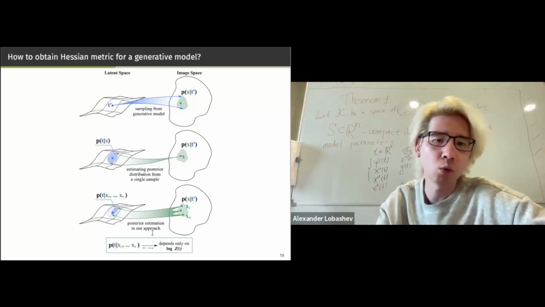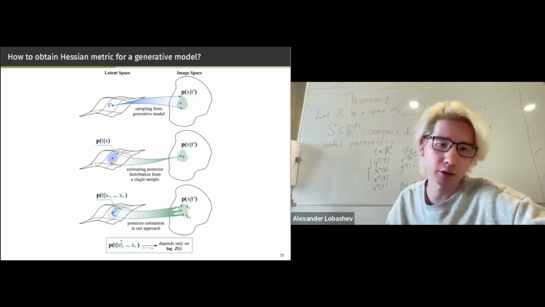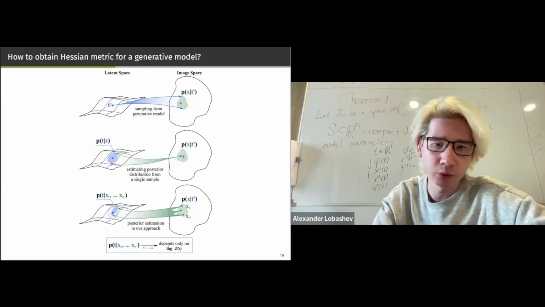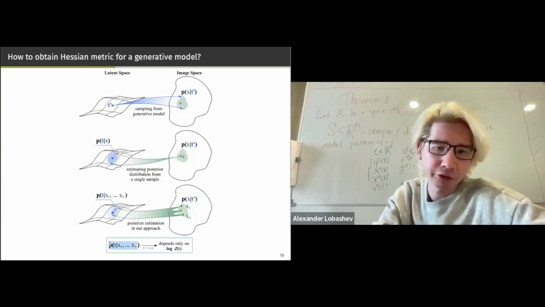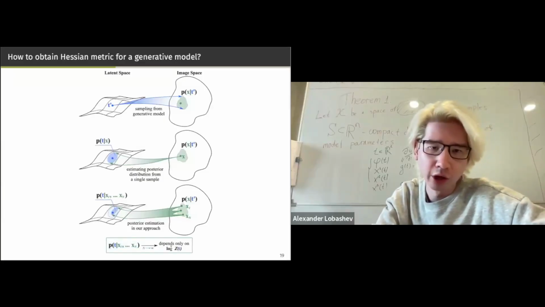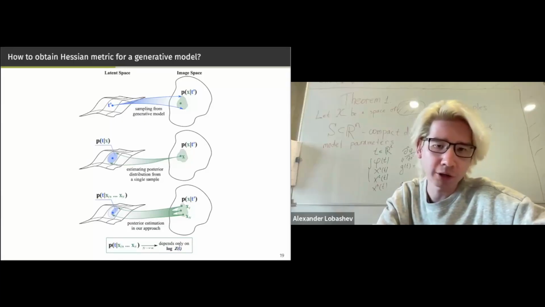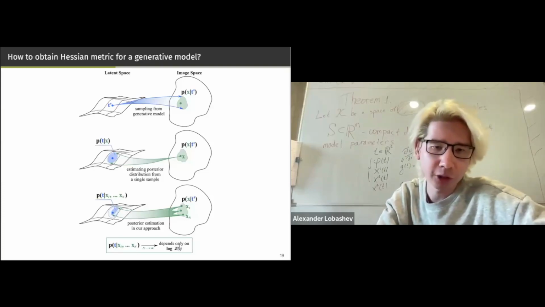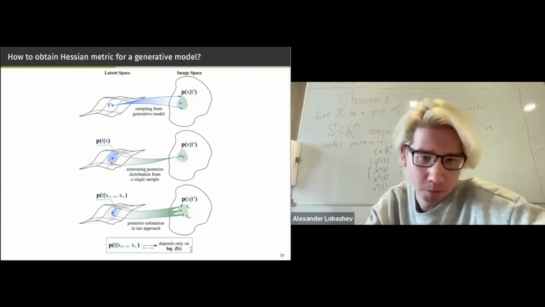And what the main theoretical result states is that if we take many samples from our generative model, and this number of samples approaches infinity, then the resulting posterior distribution will depend only on the logarithm of our partition function, which in the case of an exponential family distribution is our Hessian potential.